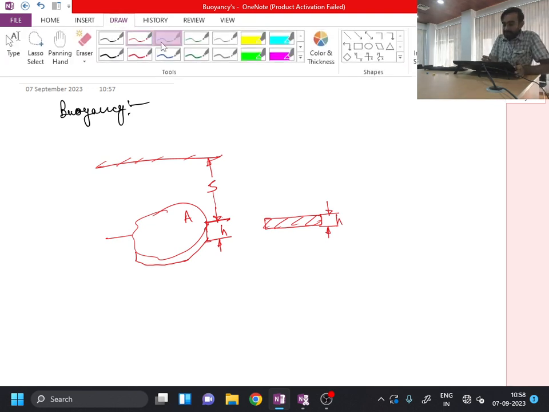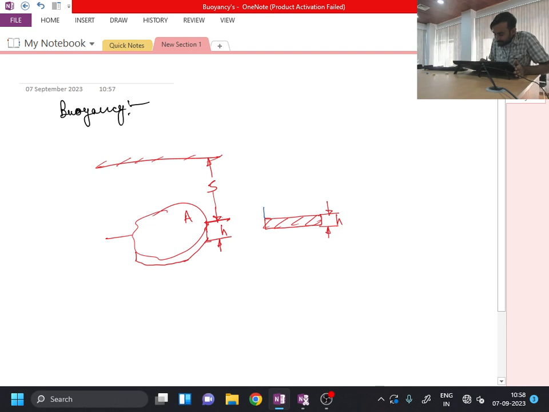For this planar surface, I will find that from the top side there is a pressure.